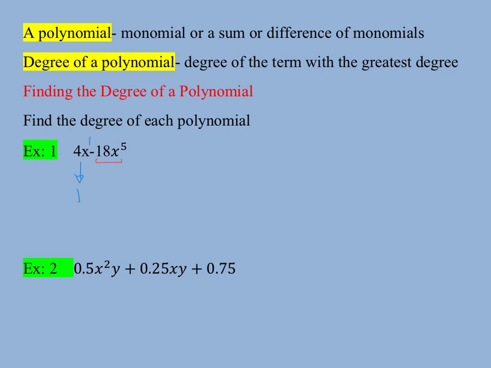The negative 18x to the 5th only has one variable with an exponent, so it has a degree of 5. Because the negative 18x to the 5th has the highest number, the degree of the entire polynomial is 5.